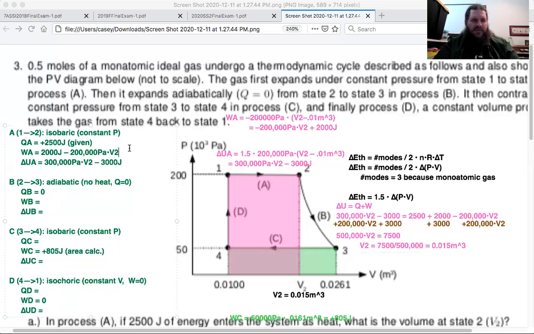Now that we know V2, we've got work A is 2,000 minus 200,000 times 0.015, which is negative 1,000. And delta UA is 300,000 times 0.015 minus 3,000, which is positive 1,500. And note that heat plus work equals delta U, exactly as we should expect. Any questions on process A so far?